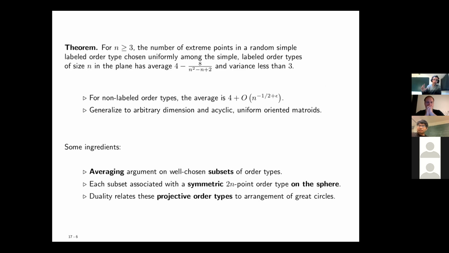We are going to use duality to relate those projective order types to arrangements of great circles, and relate the average number of extreme points in those subsets to the average number of edges in this arrangement, which is what shows up here. And when we want to go to non-labeled order types, we have to account for symmetries. So now I'm going to go through these four steps one by one.